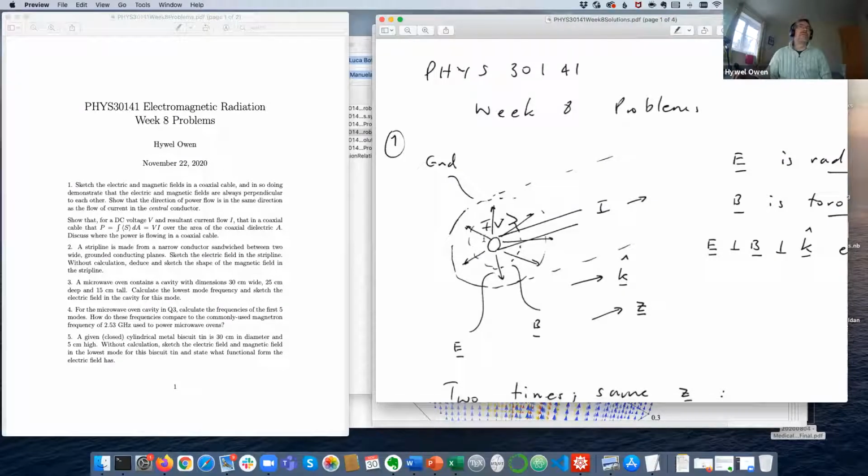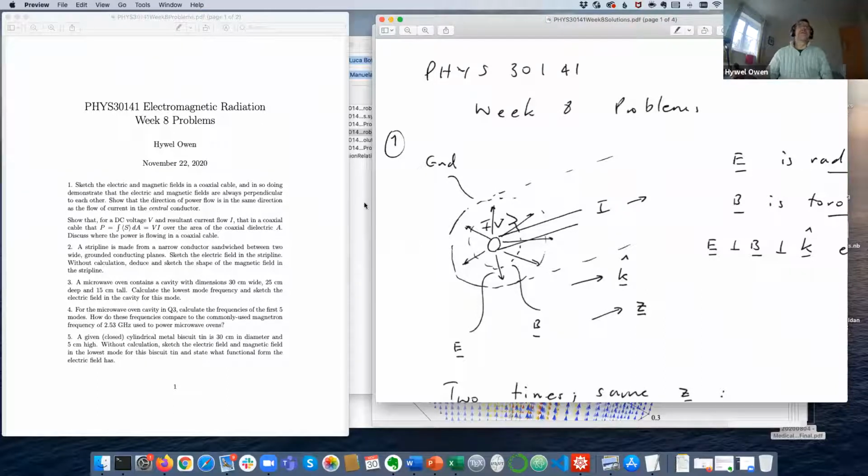If the central conductor is positive, we have a radially outward pointing electric field, and the electric current flowing along the wire towards the right gives rise to a circuital magnetic field which goes clockwise when viewed along the direction of the wire.